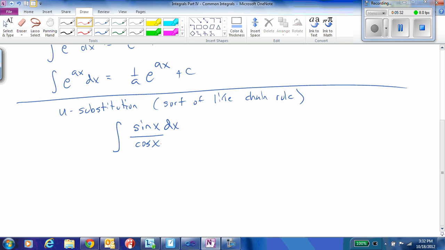So for example, we know that cosine of x is the derivative of sine of x, right? Or we know that sine of x is equal to minus the derivative of cosine of x. We can recognize that. How do we recognize that? We do enough of these and we practice.